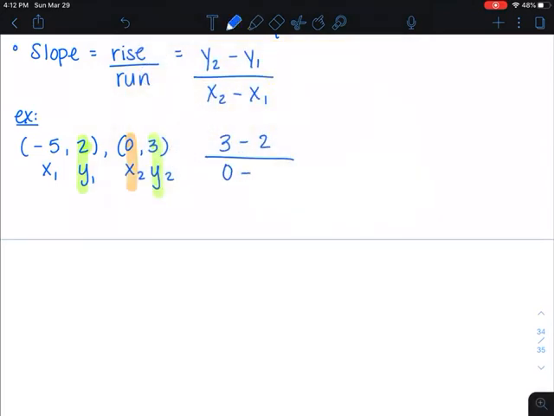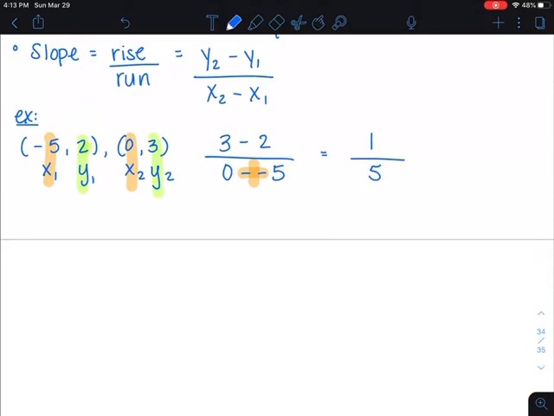Alright, and then my x2 is 0. My x1 is -5. Don't forget, subtracting a negative is the same thing as adding. Alrighty, so I have 3 minus 2, which is 1. And then I have 0 plus 5, which is 5. So my slope is going to be 1/5.